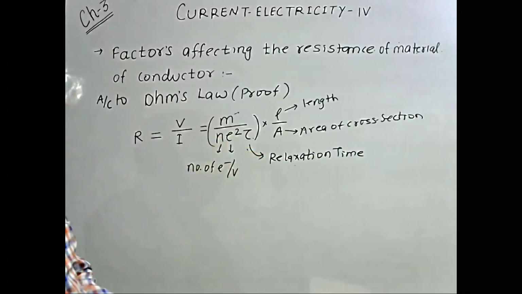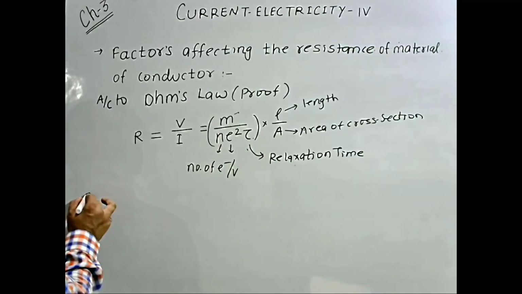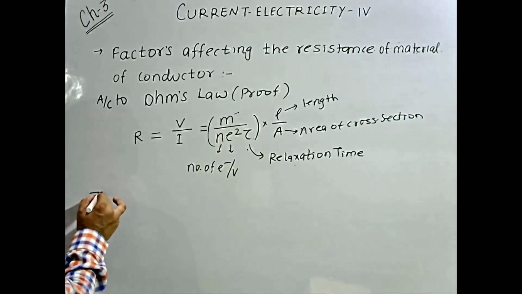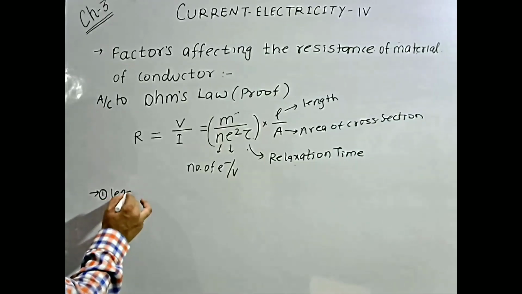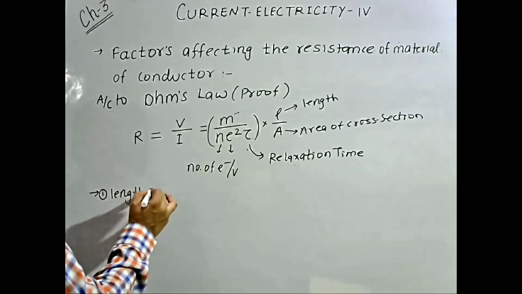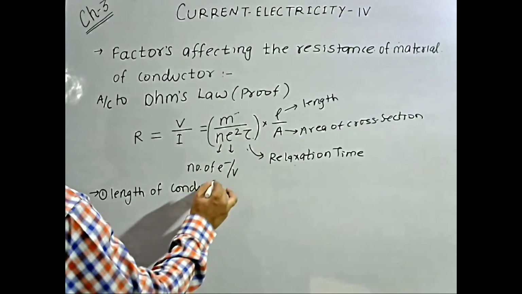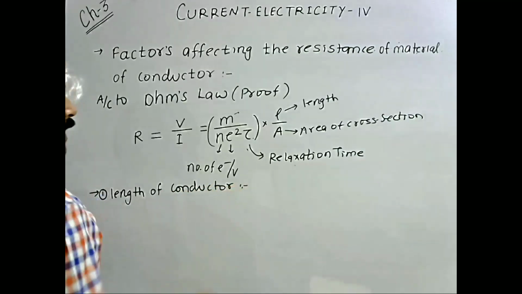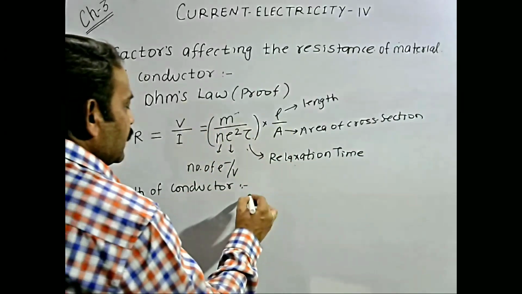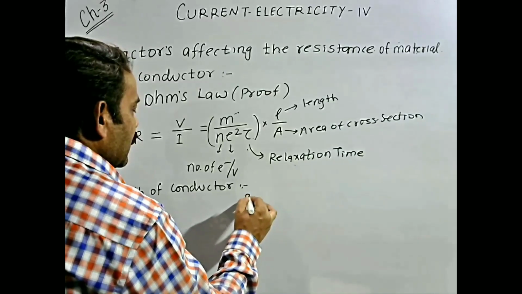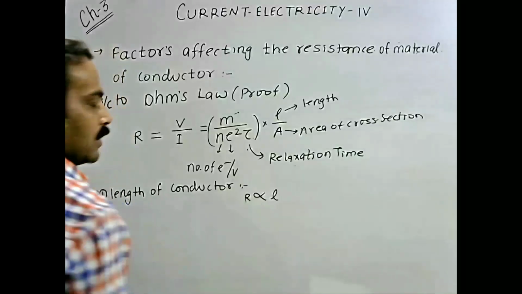So from this expression it is clear resistance of conductor first depends on length of conductor. Clear? And it is clear from above expression that resistance of material of conductor is directly proportional to length of conductor.